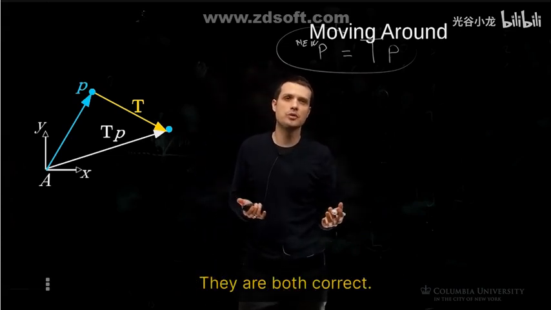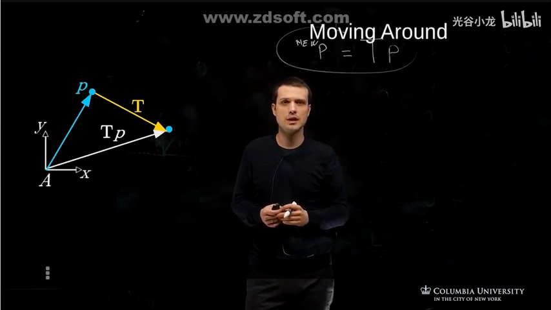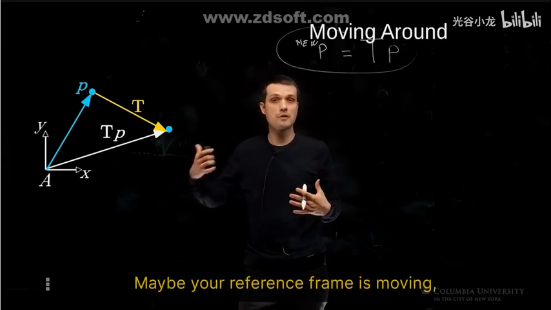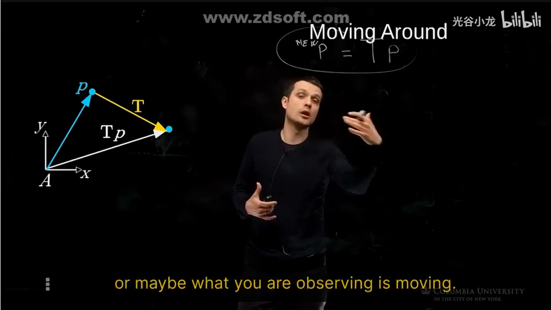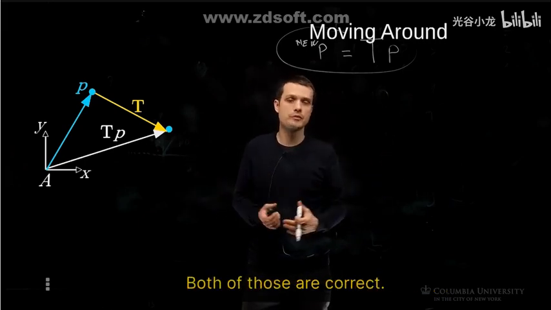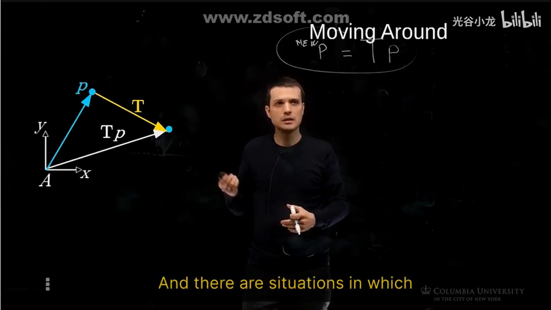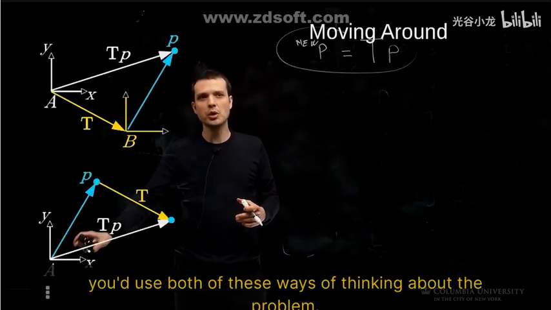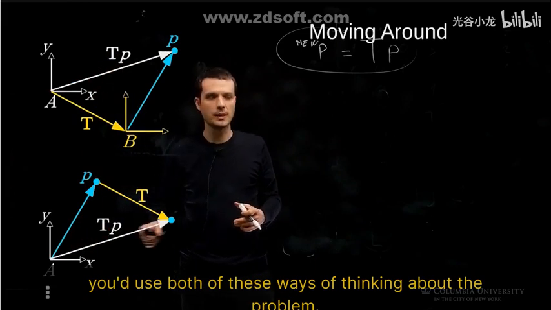They are both correct. Okay? You don't know which one is moving. Maybe your reference frame is moving, or maybe what you are observing is moving. Both of those are correct. And there are situations in which you'd use both of these ways of thinking about the problem.